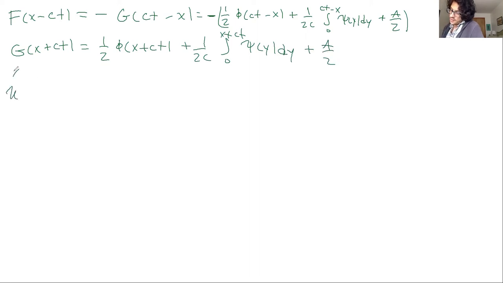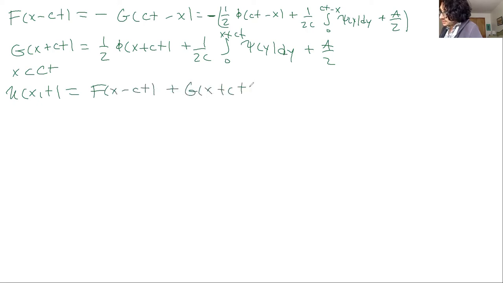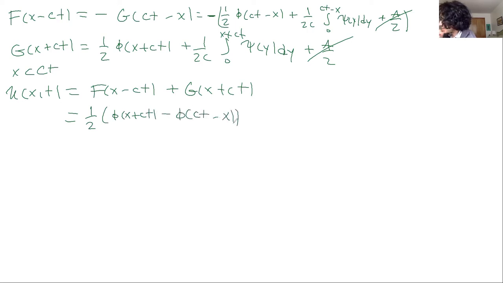So now for x less than ct, I compute this, right? I have f of x minus ct plus g of x plus ct. What do I get? Okay, I just add these two things together, right? So first of all, I see that those two terms are going to cancel, okay? And I get a half of phi of x plus ct minus phi of ct minus x, okay?